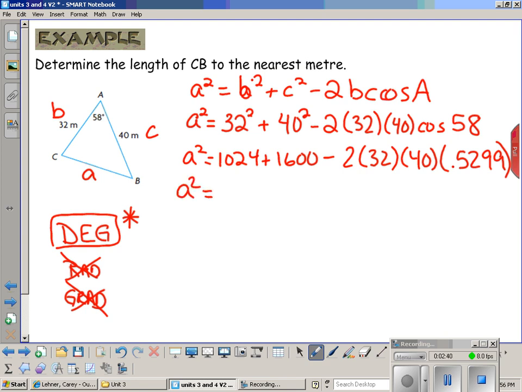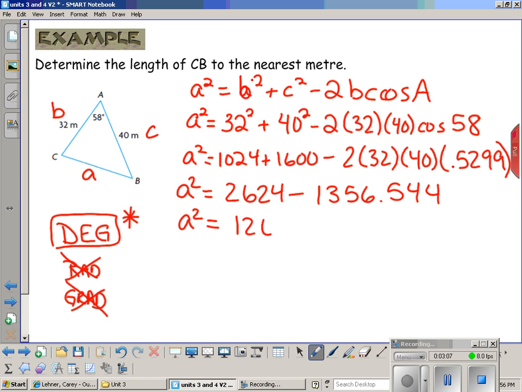So in the next line here, we can add 1024 plus 1600, and we will get 2624. And we can multiply our 2, our 32, our 40, and our decimal 0.5299, and we get 1356.544. Subtract 2624 by 1356.544, and you get 1267.456.